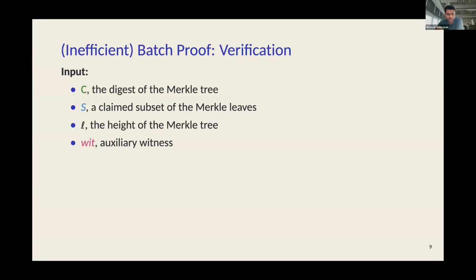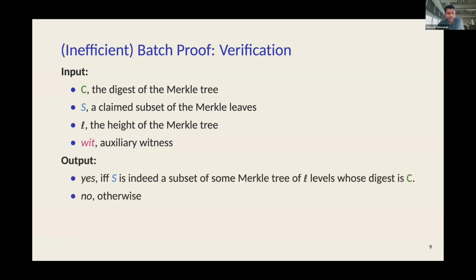So this is going to be the broad template you need to verify any batch proof regardless of how it is constructed. The verification algorithm should output true if and only if S is indeed a subset of the Merkle tree of height L whose Merkle root digest is C, and it should output no if S is not a subset of this tree.